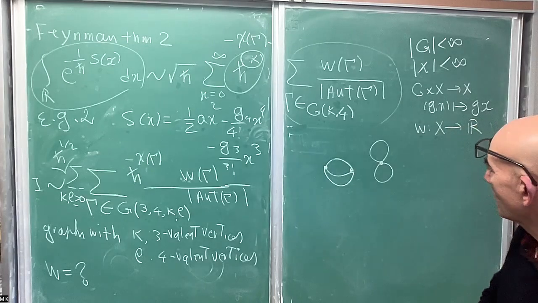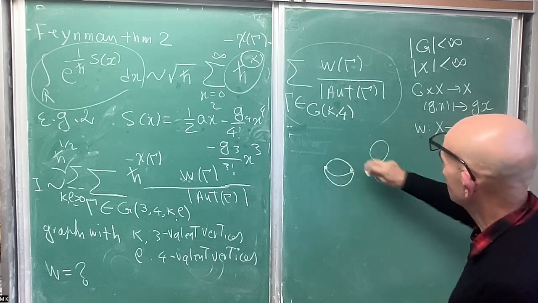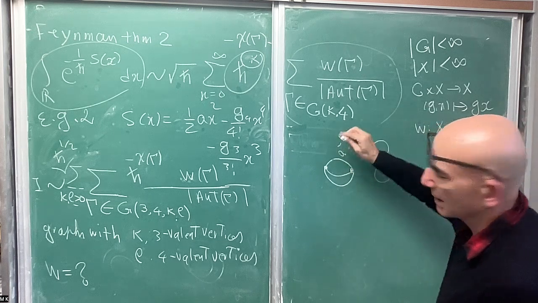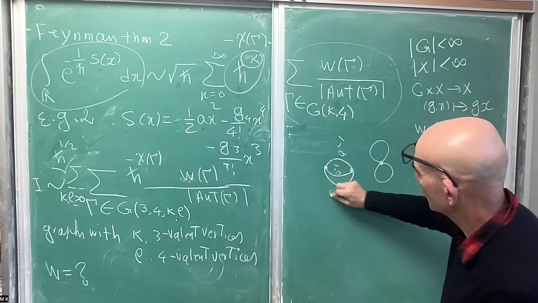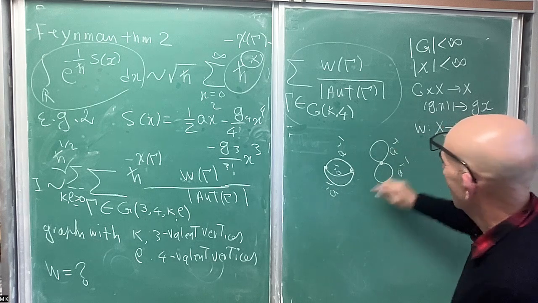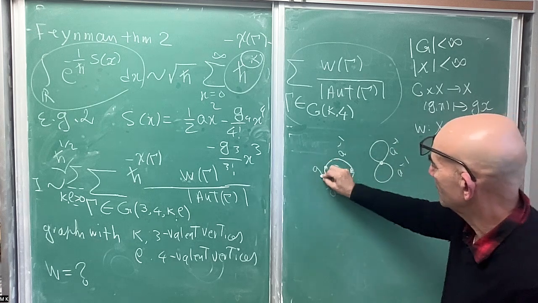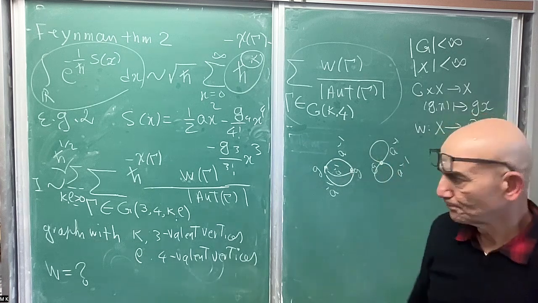We just decorate these things: everything is very simple. We put A inverse, the propagators, on all edges, and we put G on the vertices, and we multiply all of them.